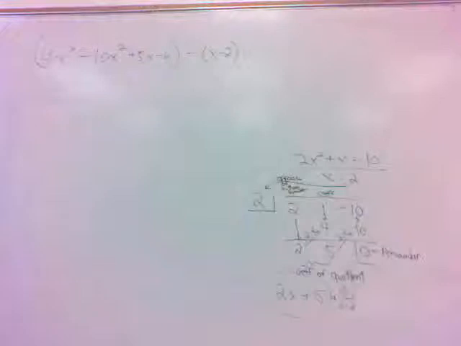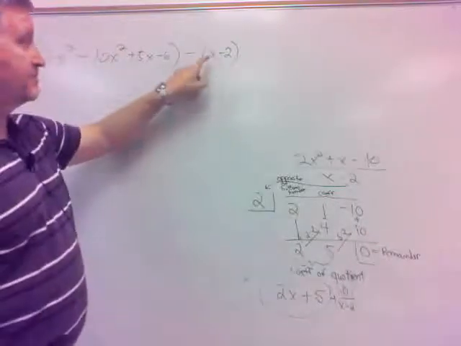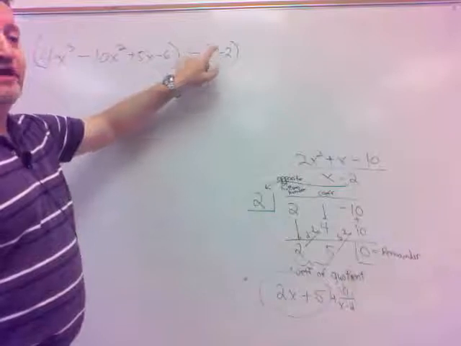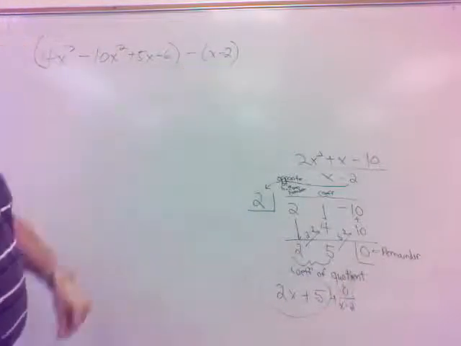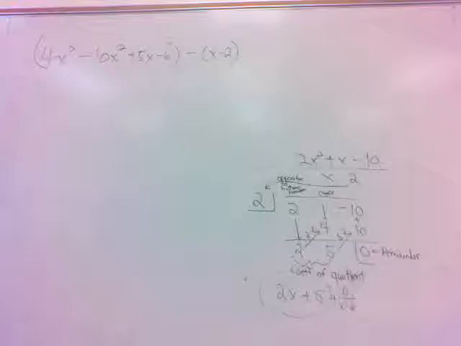And again, it's a binomial of the appropriate form. Several of those that we did in the long division, we couldn't do this way. It has to be x minus a number or x plus a number, which again, I've got x minus a number, x minus 2 again. Maybe I should have changed that, but that's okay. All right? Okay. So let's use synthetic division.